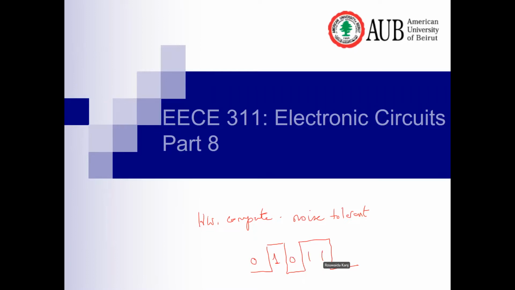And for example, the 1 can be interpreted as the level VDD, and the 0 can be interpreted as the level 0. So the logic 0 and 1 have a wide range, and this makes our design more noise tolerant than the analog design. So we tend to convert data to digital domain and we process it.